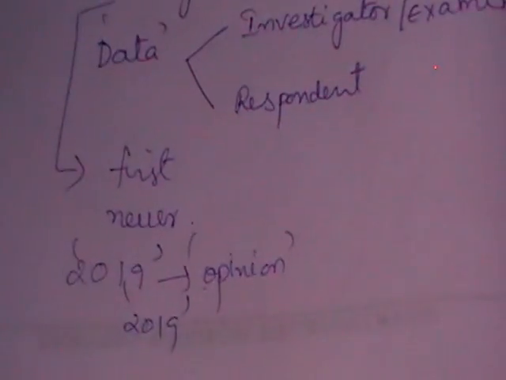The investigator is using the data only once. So this is called primary data.